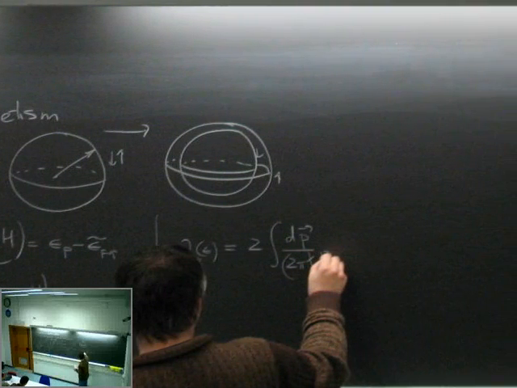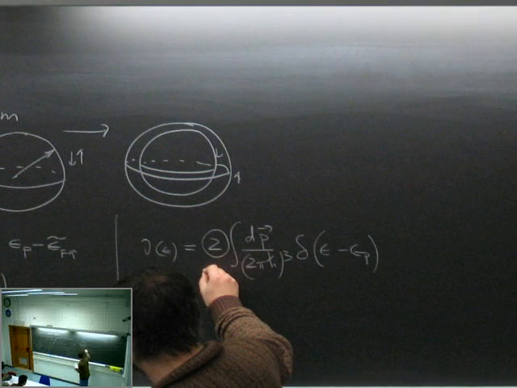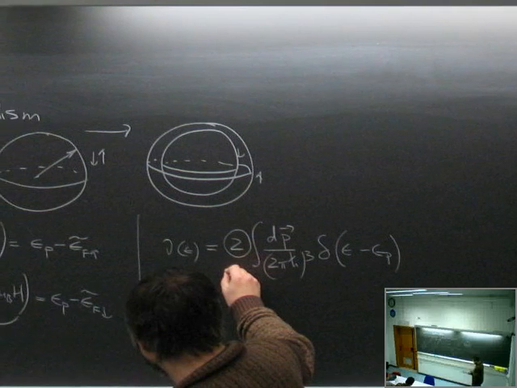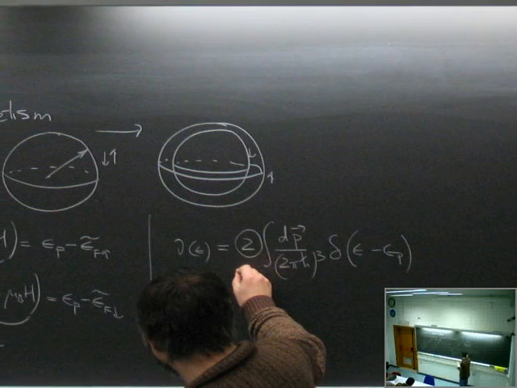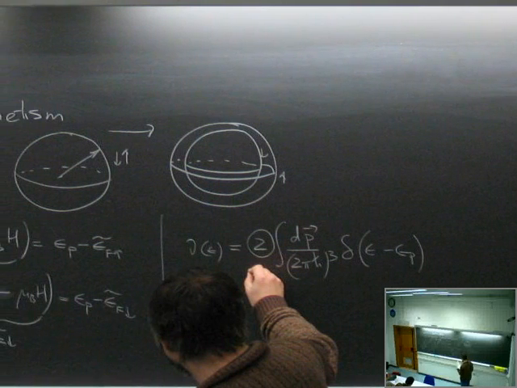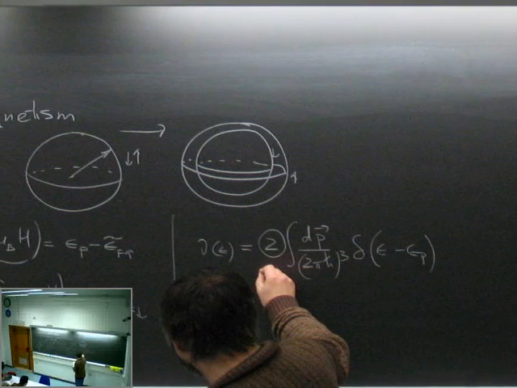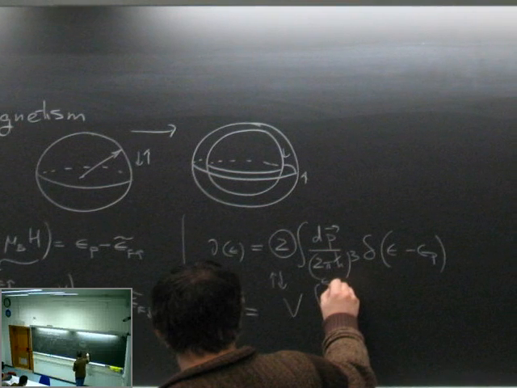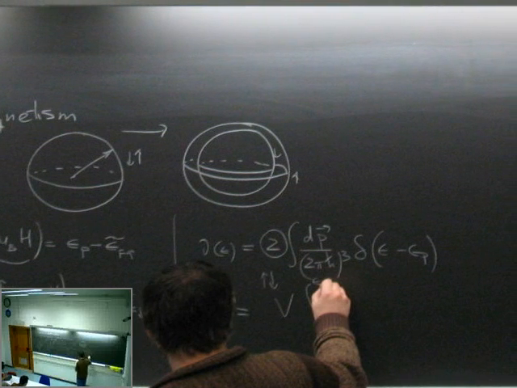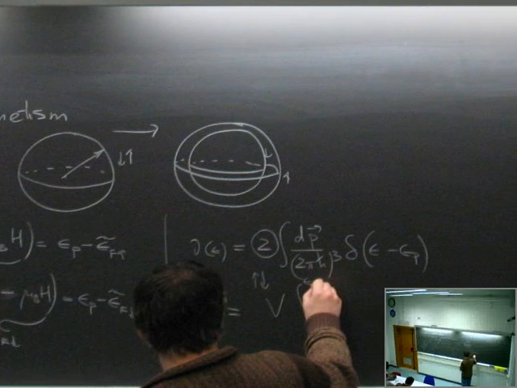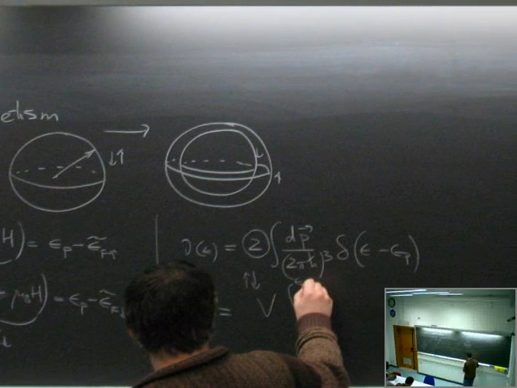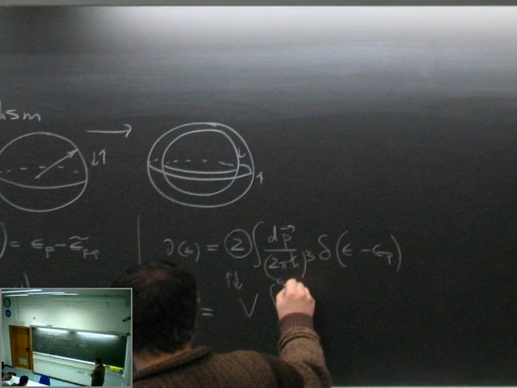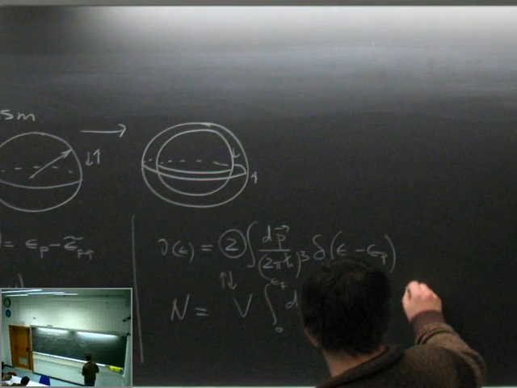And 2 is due to the two projections, up and down. So then the total number of electrons, I remind you, is just the volume times the integral from 0 to Fermi energy of dE mu(E). Okay? You remember where this comes from?